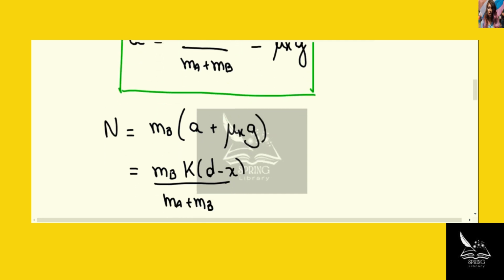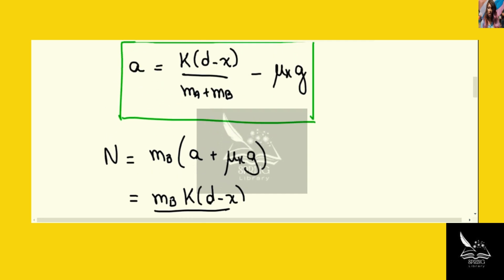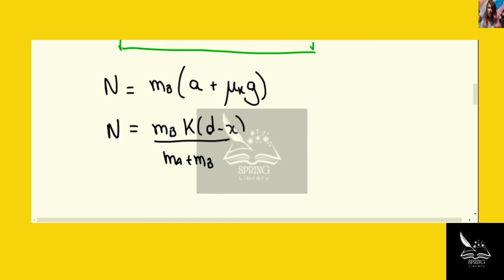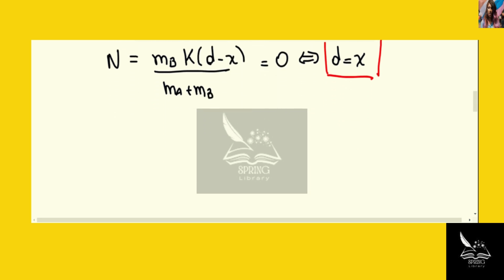Notice that the other two terms cancel out, since one term is minus MB mu K G and the other is plus MB mu K G. So N is equal to 0 when X is equal to D. The blocks need to travel a distance D before separating.